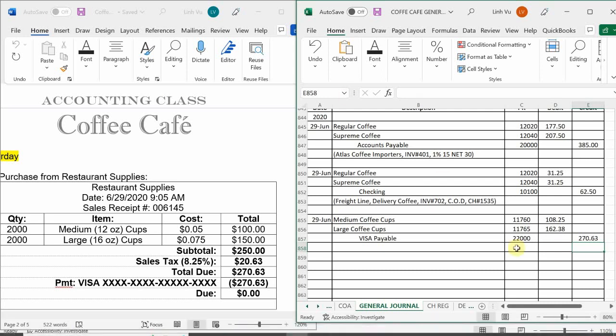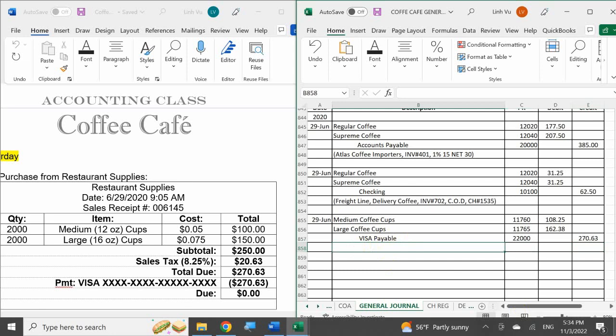So, right, where did we buy this from? We bought this from Restaurant Supplies. Okay. Sales receipt number 006145. Right, and we purchased 4,000 cups.